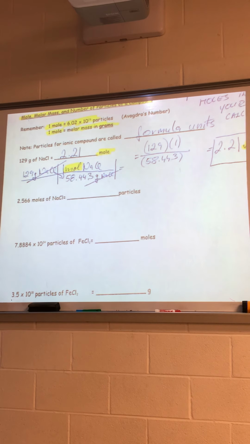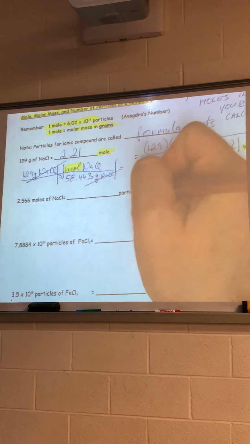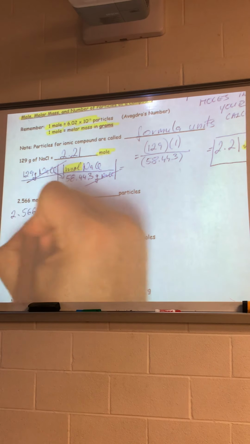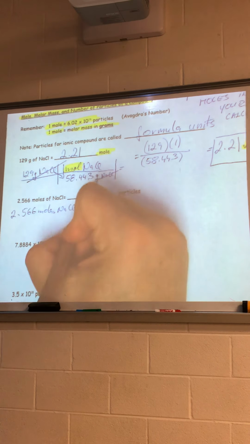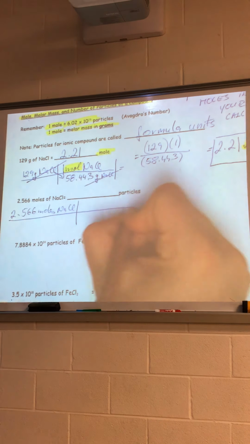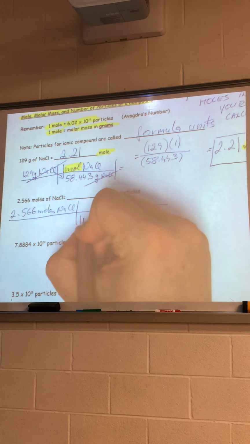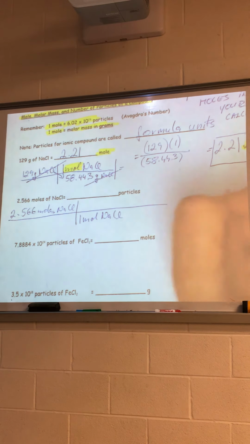On our next problem, I have 2.566 moles of sodium chloride, and I'm changing them to particles. So I start my railroad again, 2.566 moles of sodium chloride. You write down what's given, you open up your railroad, and you know that 1 mole of sodium chloride has how many particles, class?